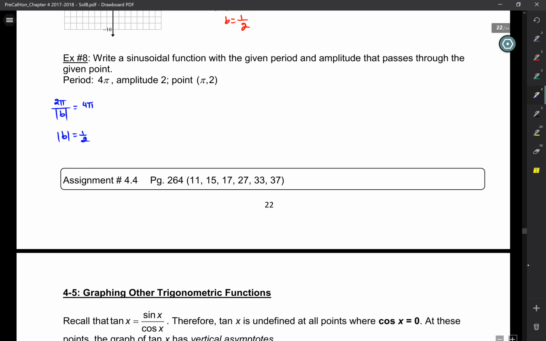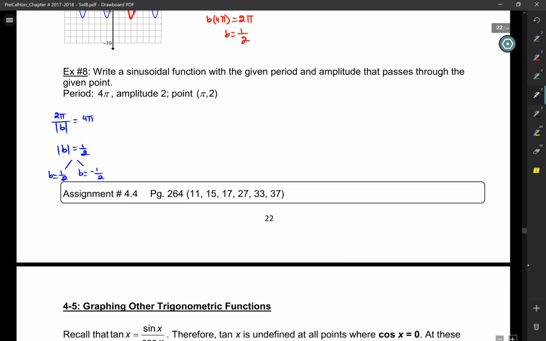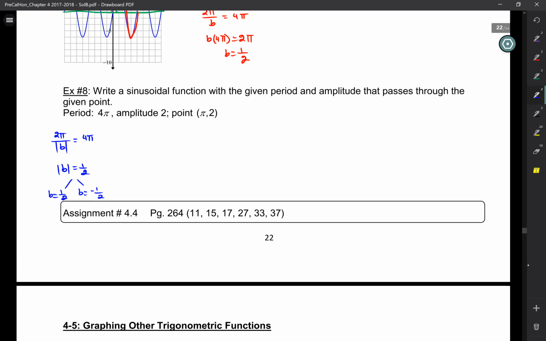So, b can be a half or a -half. So now it's up to you to figure out, is it the half or is it the -half, right? So it's y equals a sine x or cosine x. We don't know. So now what I'm going to do is stop this for 2 minutes.